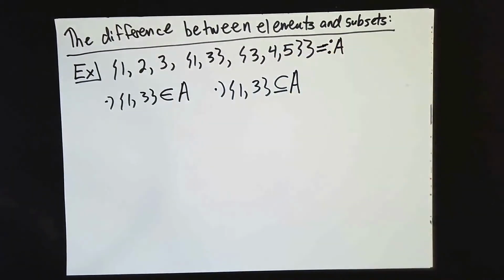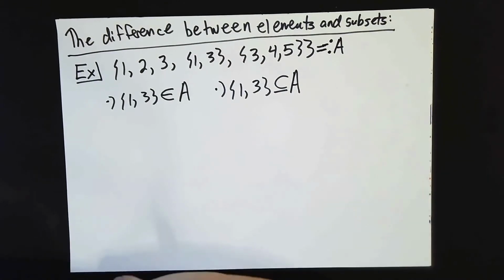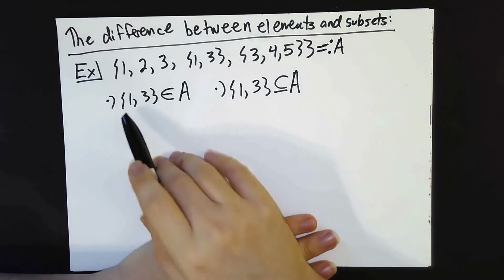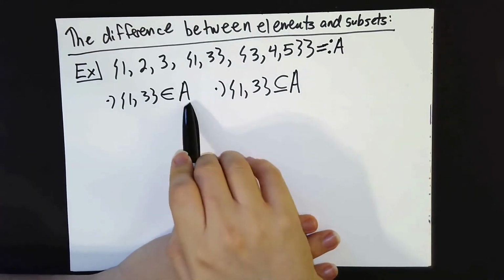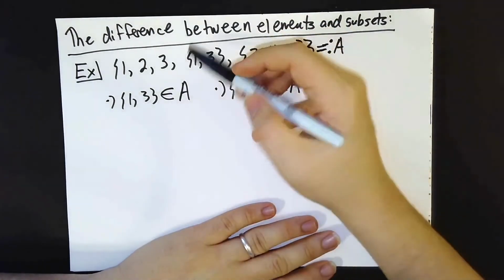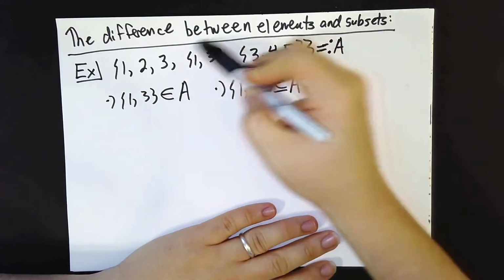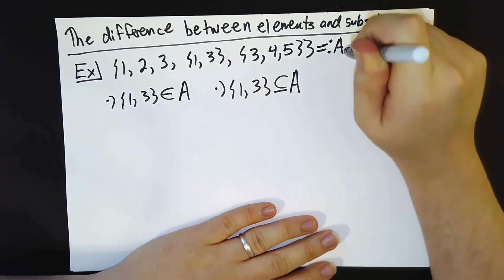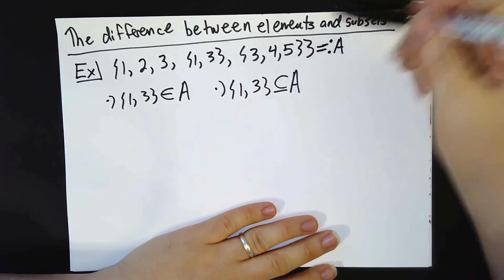Okay. Both of these things are true, but I want to point out they're referring to very different things. When I say {1, 3} is an element of A, I am saying, hey, this particular thing, that one, happens to be in the set.